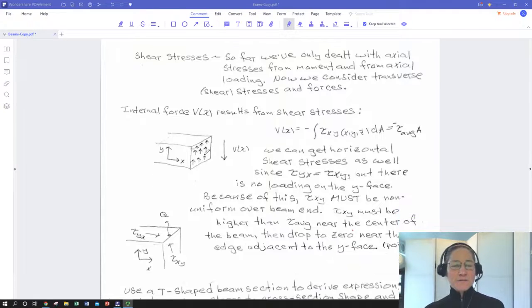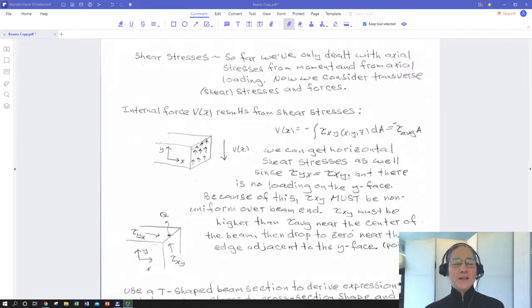So here's basically an example of a distribution of shear forces and stresses along the cut face. We've got our big Vx, so that's reminding us that the total shear force is due to the shear stresses distributed over the face.